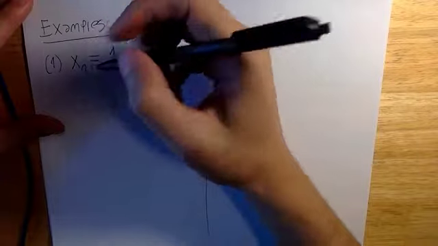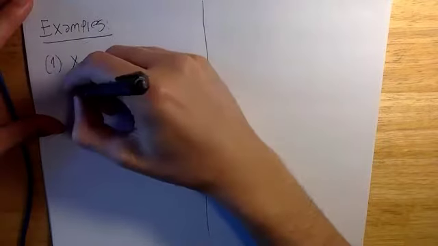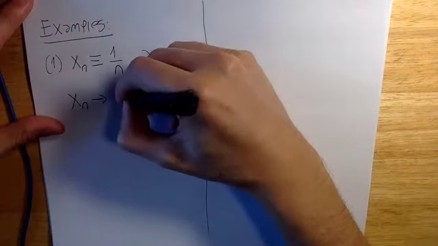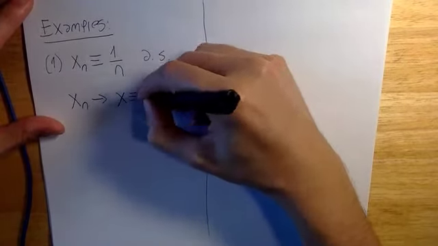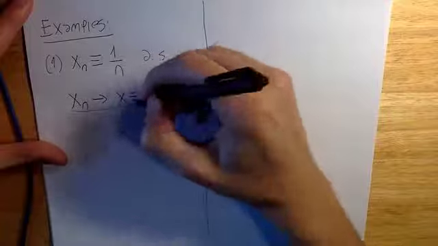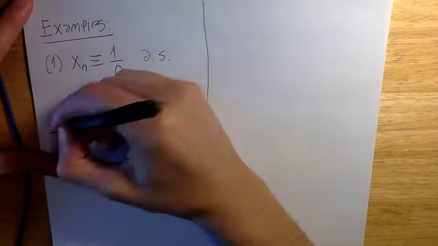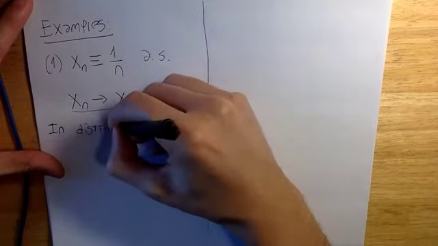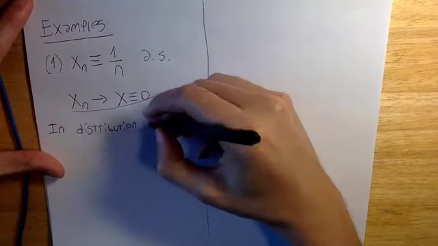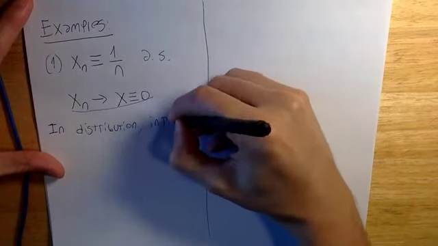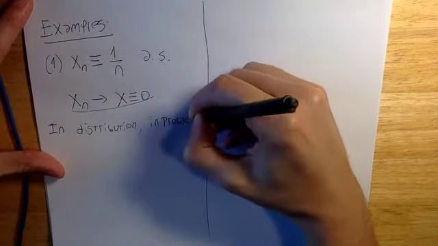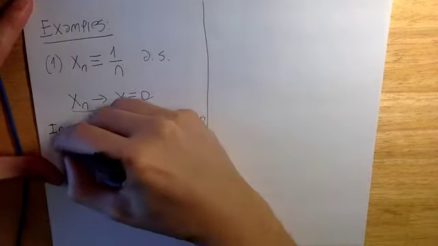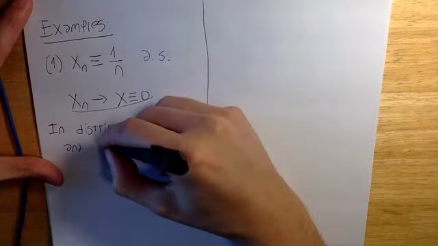Then xn converges to x, which is equal to 0, and the convergence is in distribution, in probability, and almost surely.